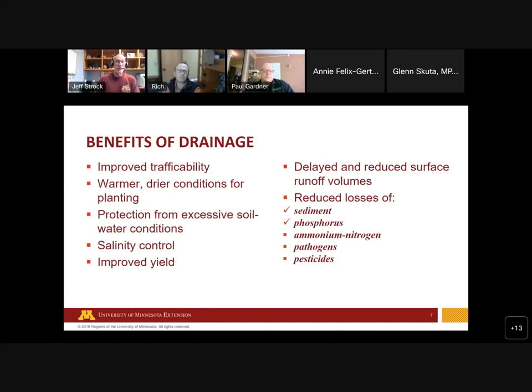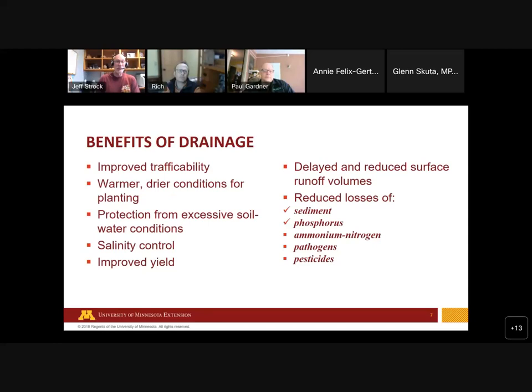There are some water reduction benefits in terms of surface runoff that I tried to highlight in those curves that I showed a little bit earlier. And in the case of thinking about sediment loss, surface runoff, and phosphorus being associated with that, tile drainage can really help in terms of reducing sediment loss and phosphorus loss.